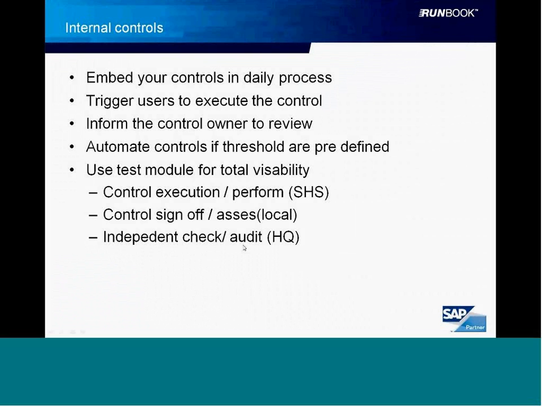So you can also do the independent check. So Runbook makes sure the controls are being executed, so the performance which can take place in your shared service center. We are signing off on the controls, so we will do the assessment and that can be done locally. And at the end we can do the independent check, so let's say the audit out of the headquarters to basically fulfill the full control cycle.